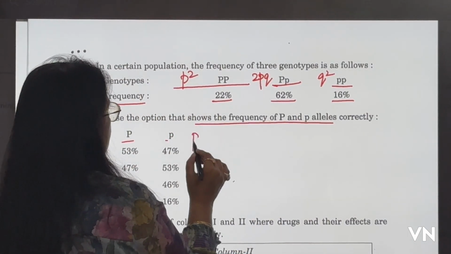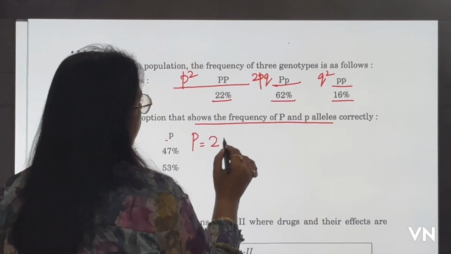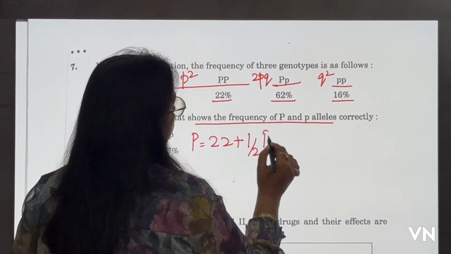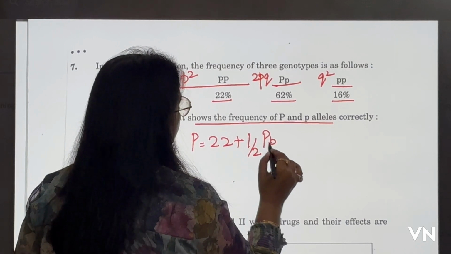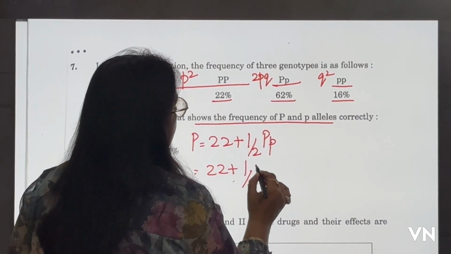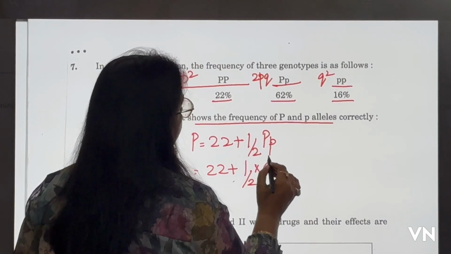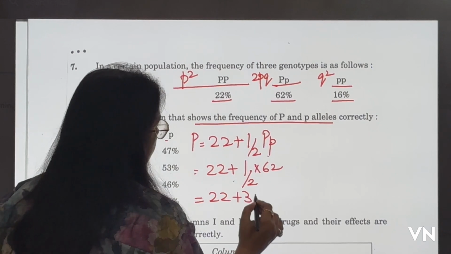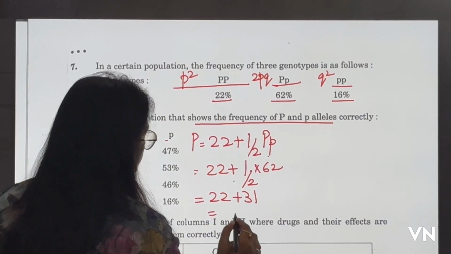Capital P, as we can say that 22 out of 100, that is 22 plus half of 62, capital P small p 62. 22 plus 31 is equal to 53%.